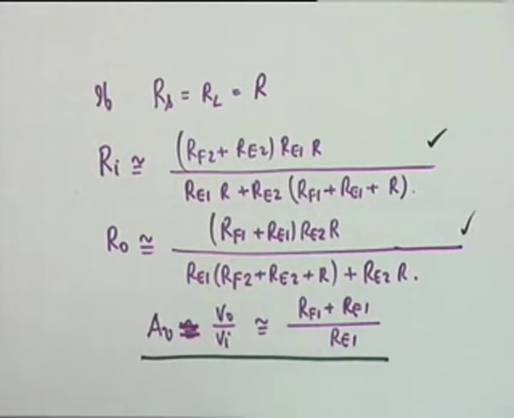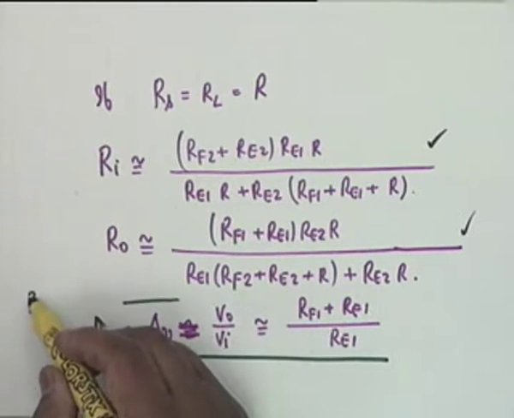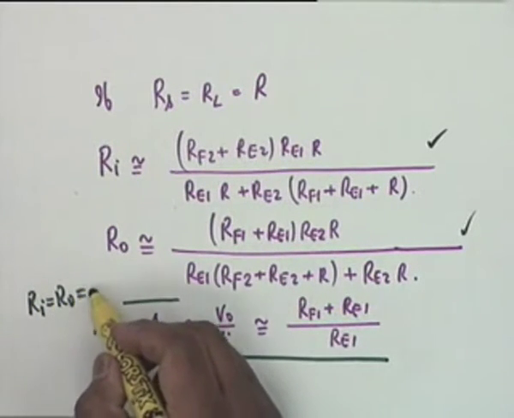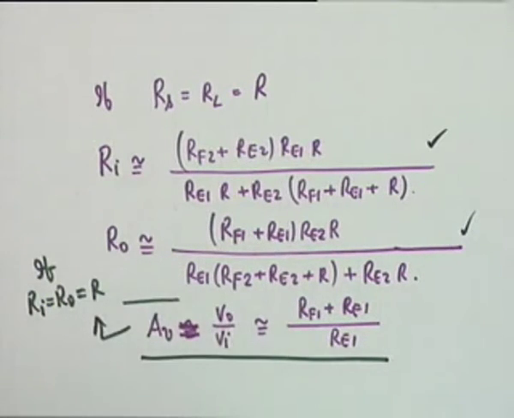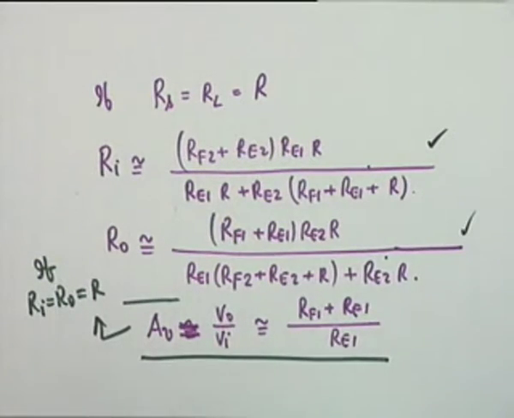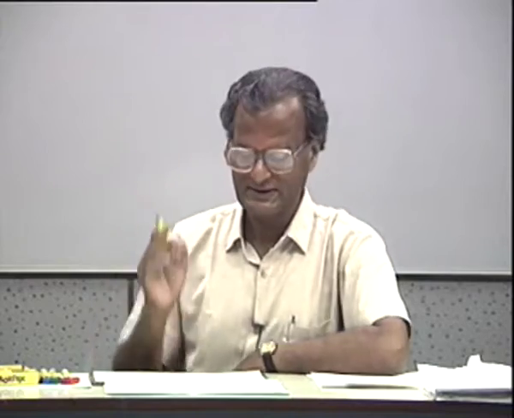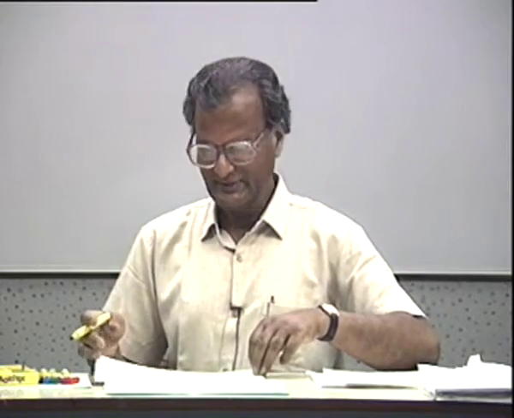How come this is independent of RF2 and RE2? Because it has been assumed that Ri equals R0 equals R. That's how it only depends on RF1 and RE1. What is the condition for these two to be equal? RE1 is equal to RE2 and RF1 equals RF2. This is the condition. You should try to derive this.